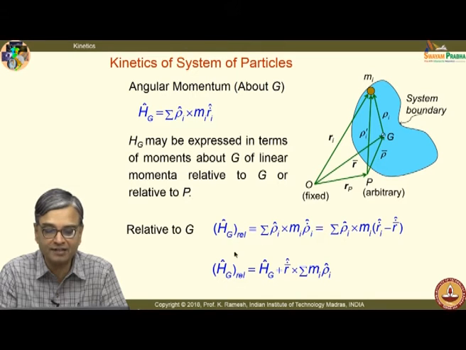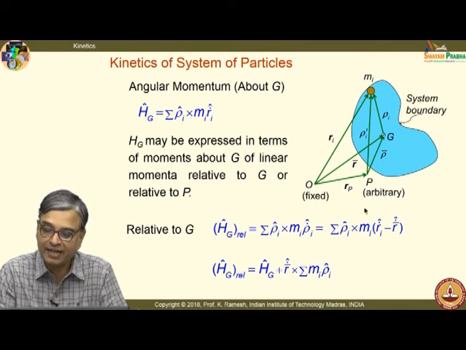I could rewrite this expression in this fashion. I have initially written down the definition, replaced this rho dot as r dot minus r bar dot. When I rewrite this, taking on this identity, I can write this as Hg.